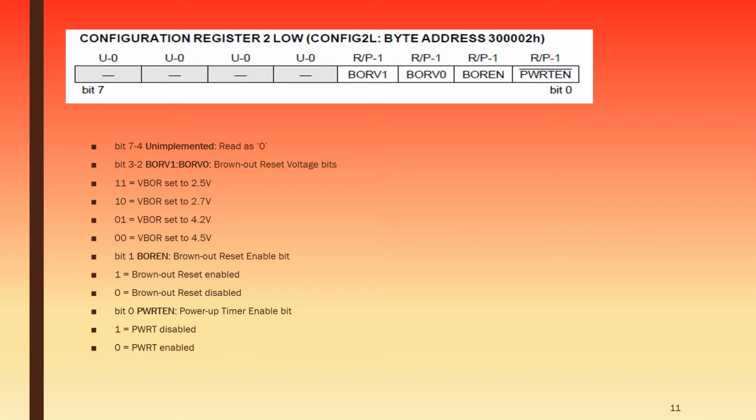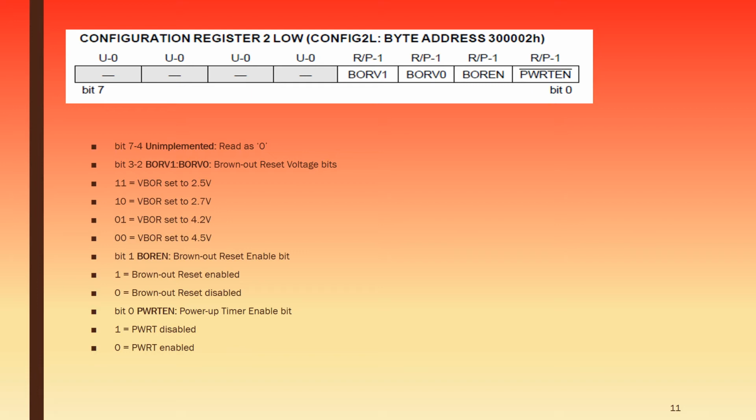In general, brownout reset plays a very important role in the operation and mechanism of PIC18, rather in all kinds of PIC controllers. Brownout reset is like monitoring the supply voltage level during operation.